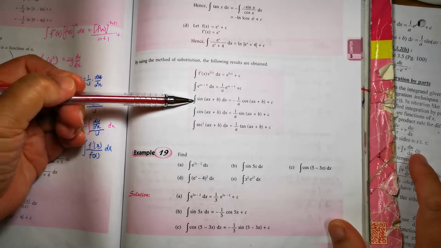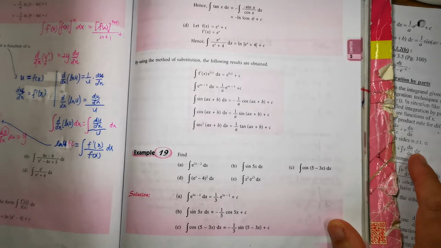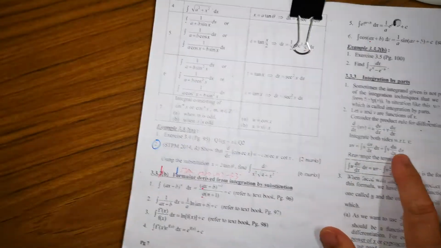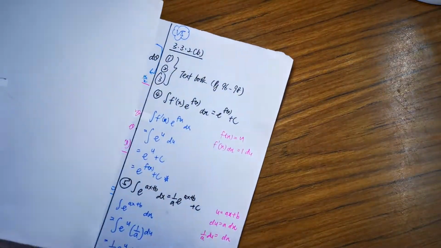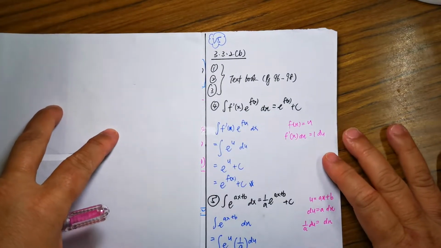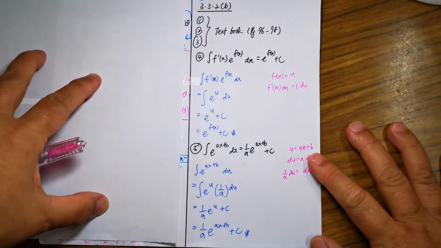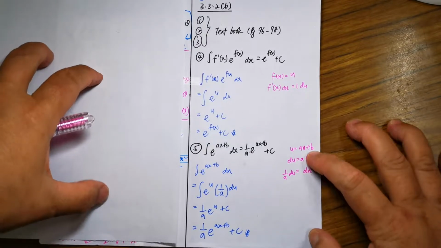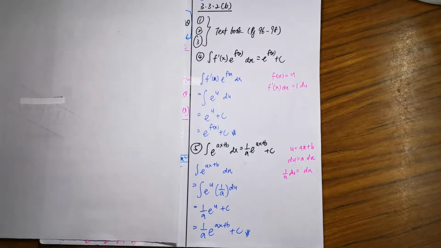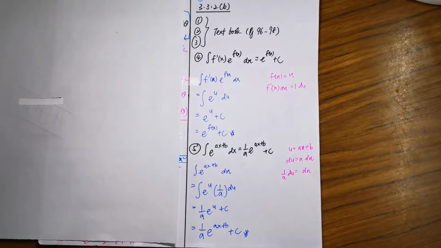Trigo are the same, so I just show one of it. Okay. So this is the proof for another 3 more formulas.